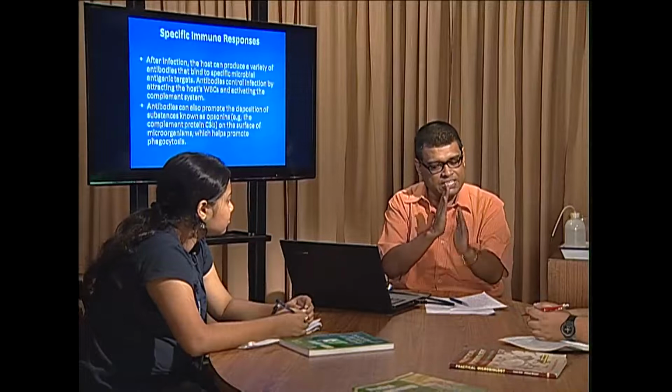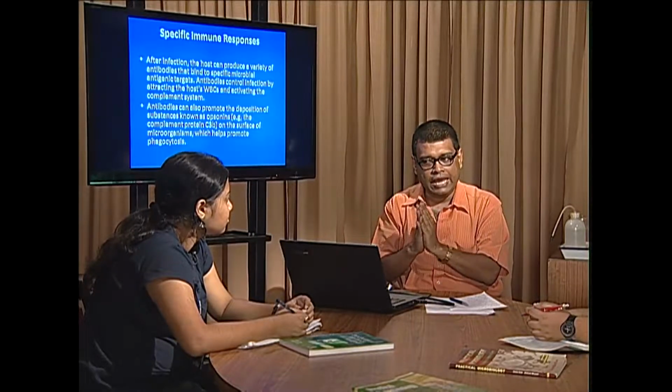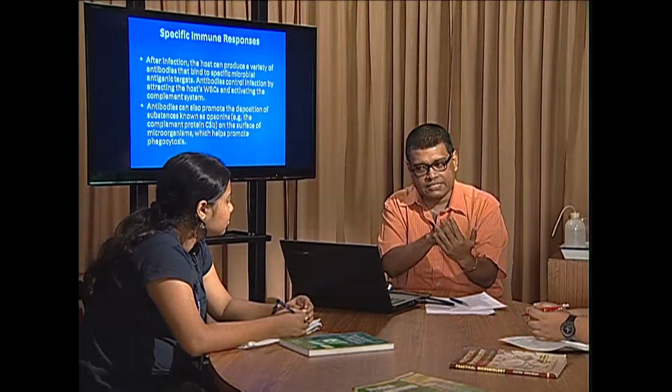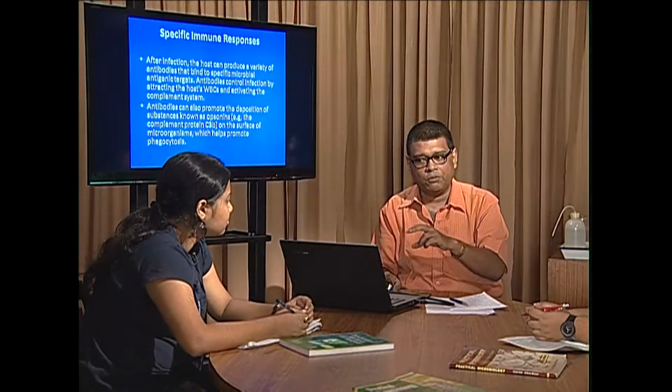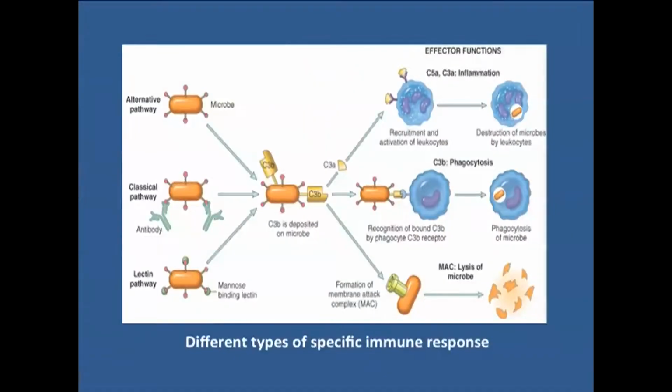The last one, which is the specific immune response, is more or less specific to a particular pathogen, and that will make the pathogen immobilized, and at the same time they will kill it by phagocytosis. That is brought about by a particular molecule called opsonin. This C3b or opsonin is actually deposited on the bacterial wall, and they are specifically taken to some phagocyte, and they are engulfed by the phagocyte and they are killed.